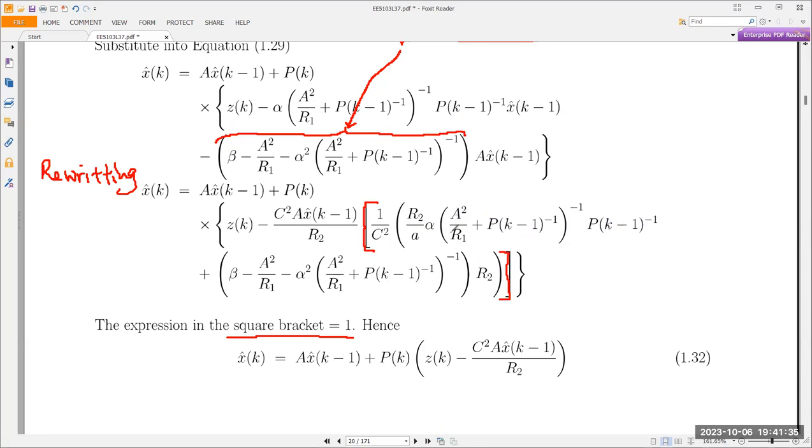So you will find that at the end, the square bracket here is 1. So 1 multiplied by this, you don't see it, so you are just left with this. And then left with this. So basically 1 disappears. 1 times something is that something. So x hat will look like that.